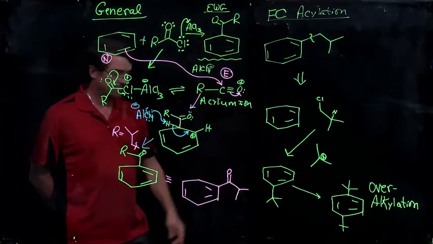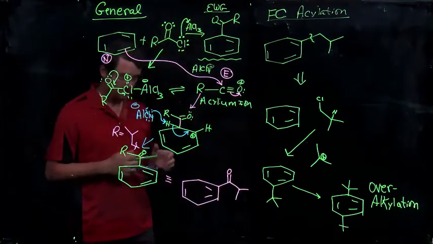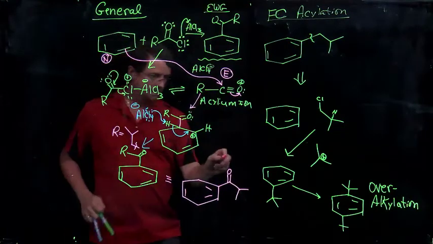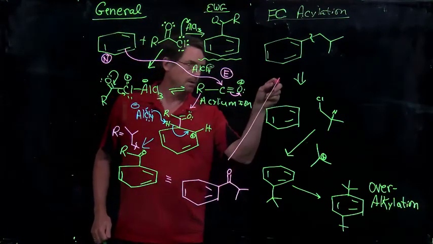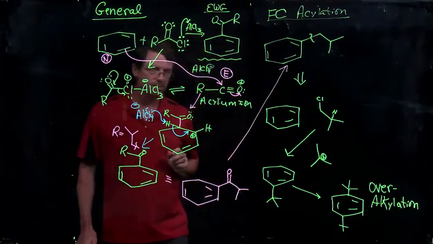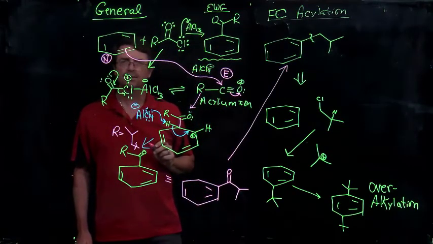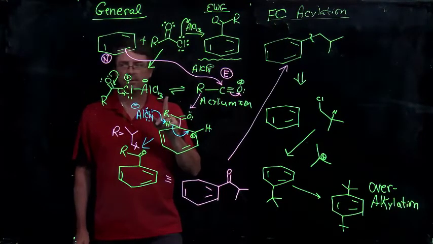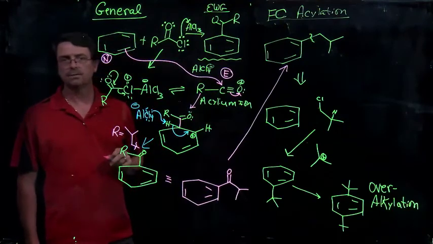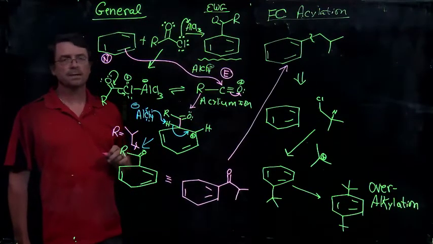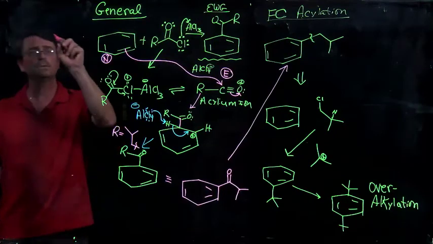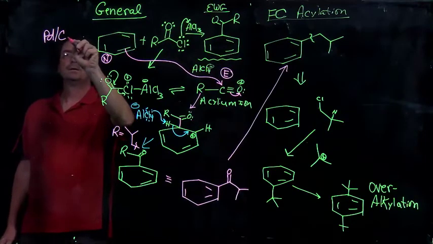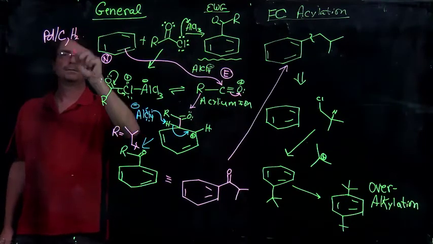So how do we get from here to here? Well, do you remember that reaction we learned about the benzylic position? If we treat this carbonyl under the right conditions, and what were those conditions? Do you recall? Stop the video and see if you can recall it. Can you predict the reagents that we would use here? Remember, that's one of the ways that we need to be able to predict reactions, is what is the correct reagent? Hopefully you would come up with something like this: palladium on carbon and hydrogen gas.